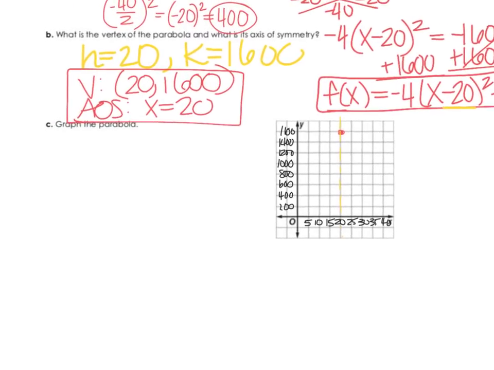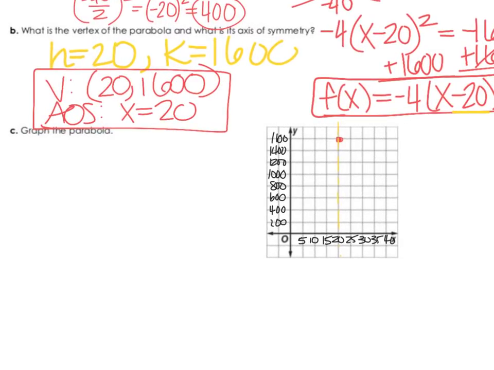Now, we want to find other points. We could graph this using transformations, but because our numbers are so large, transforming our a, the slope essentially of our parabola, would just be really difficult because we're going up by 1,600. So the easiest thing to do is just make a table. Make a table, plug them in, find some points.